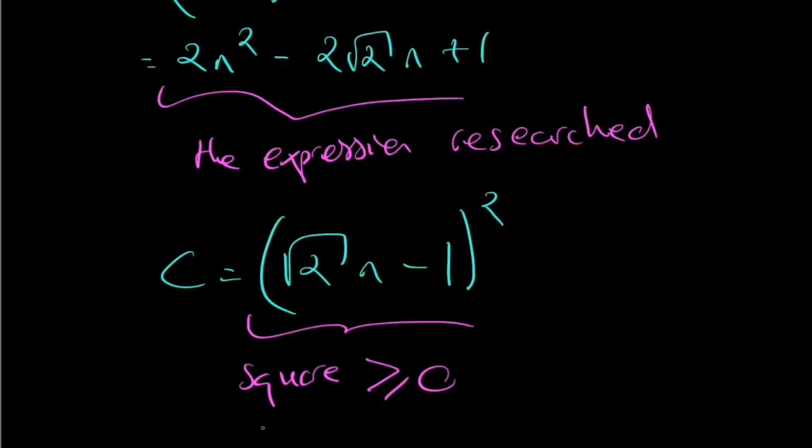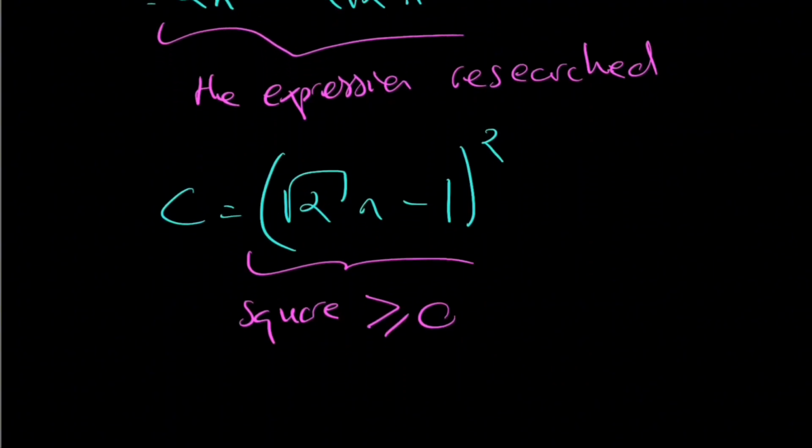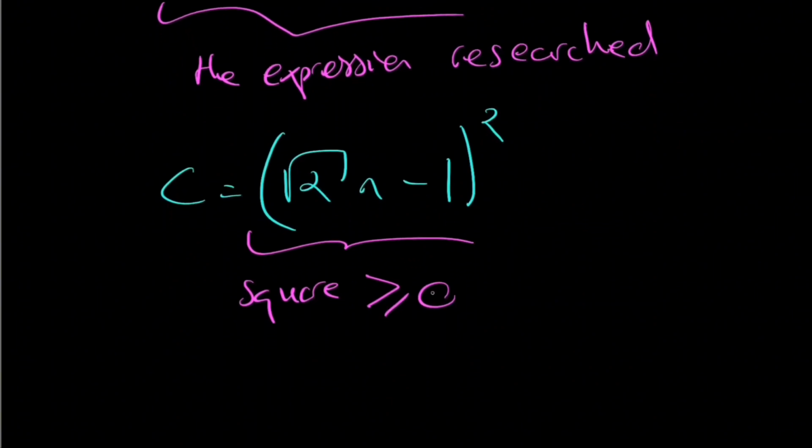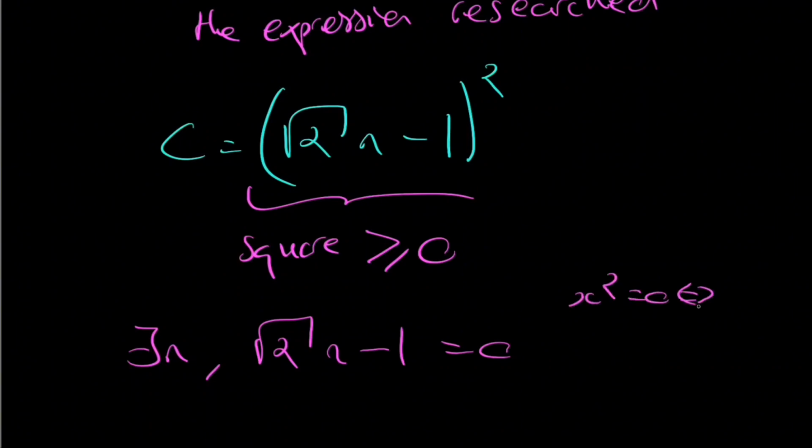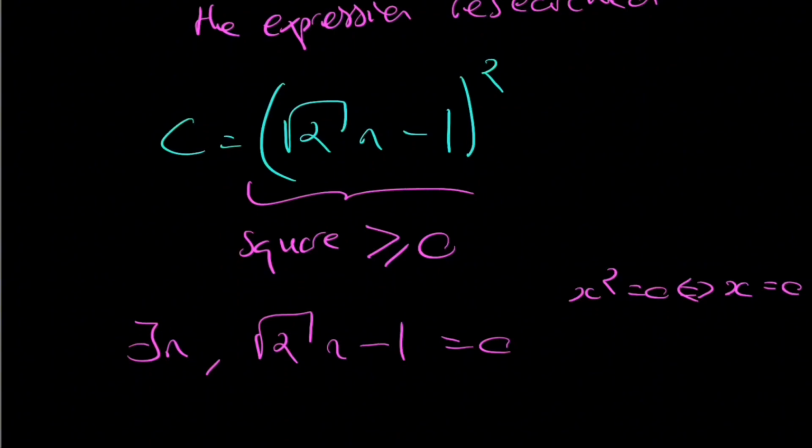Okay, so this gives us the sign, but we will go a little bit further and try to see if it's possible that this square is equal to 0. It will be equal to 0 if there exists an n such that square root of 2n minus 1 is equal to 0, because x squared equal to 0 is equivalent to x equal to 0.